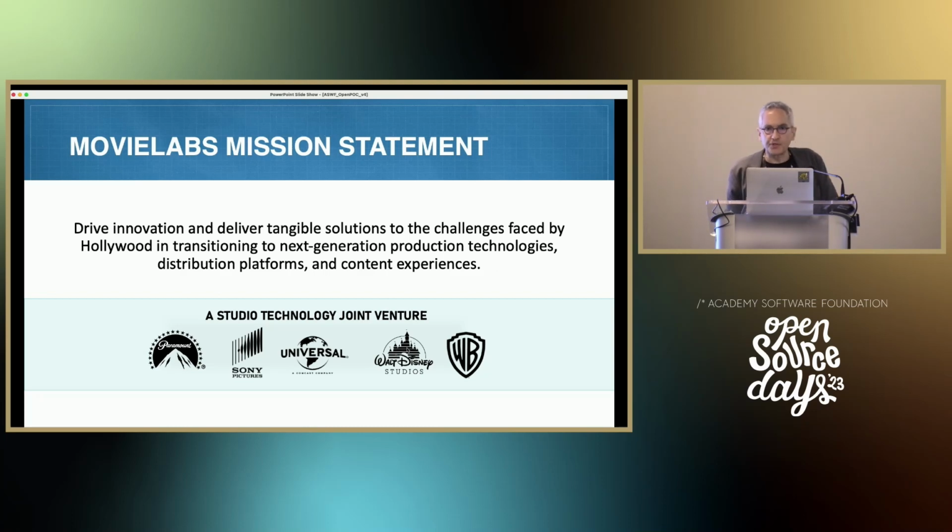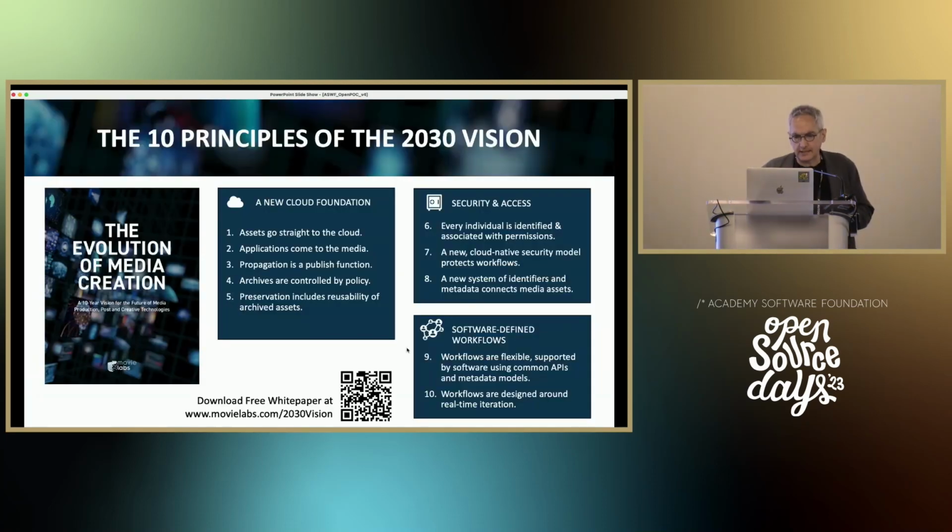A lot of that work was focused on distribution, but for the last 5 years, our focus has been almost entirely on production technology instead. We generally work to get the studios to align and agree on where they want technology roadmaps to go in areas that are not competitive between them, and then we try to help move the industry in those directions.